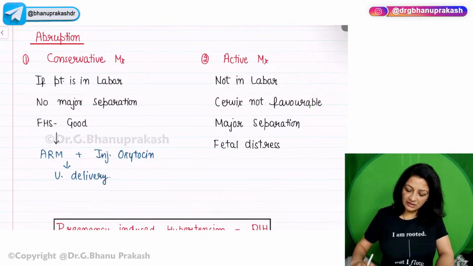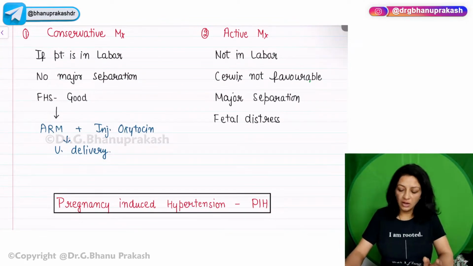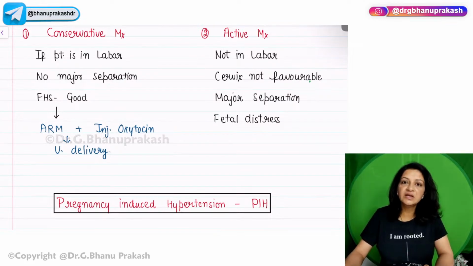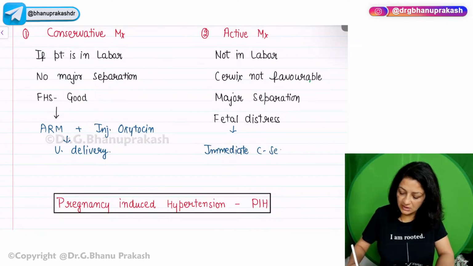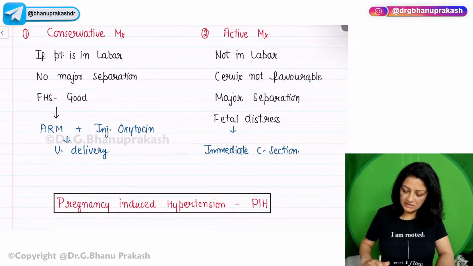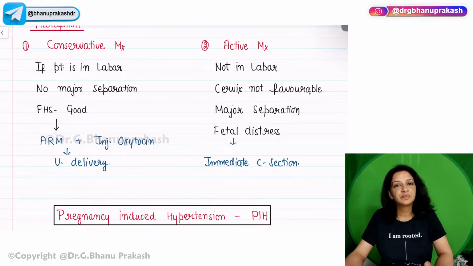But in case of active management, if the patient is not in labor, cervix is not favorable, major separation and fetal distress, then immediate cesarean section. So this is a treatment of abruptio placenta.